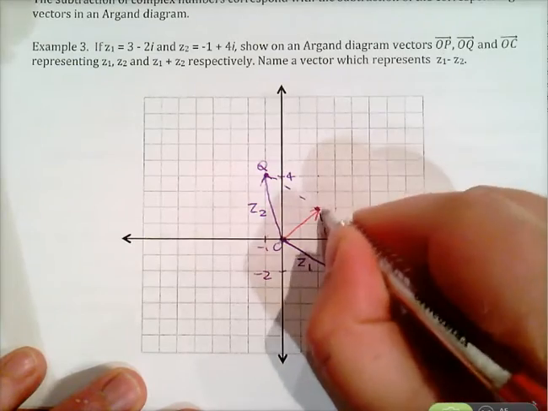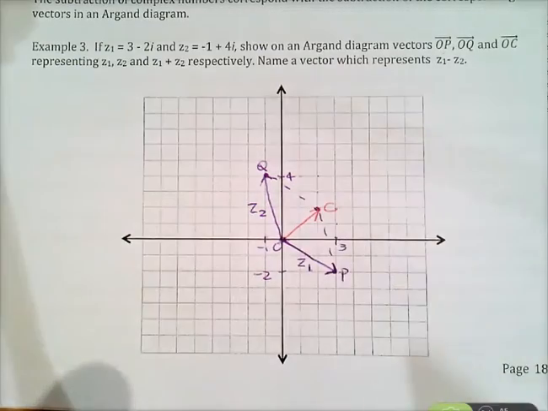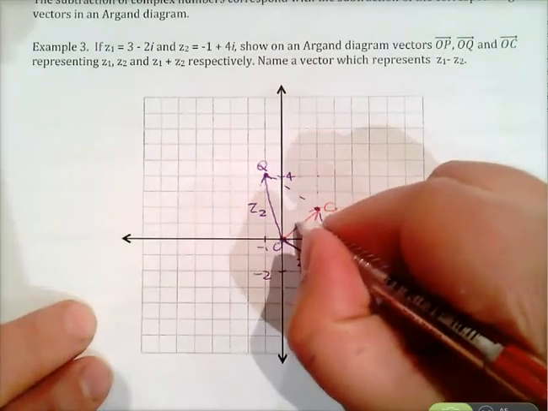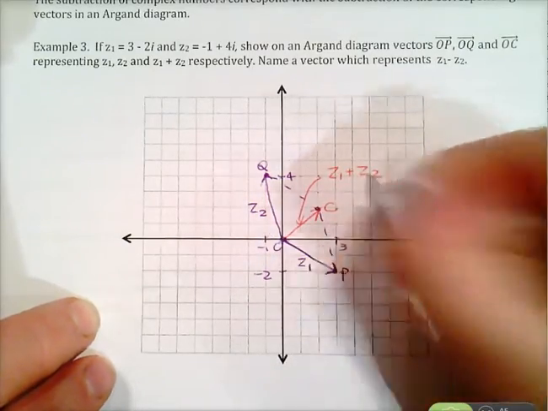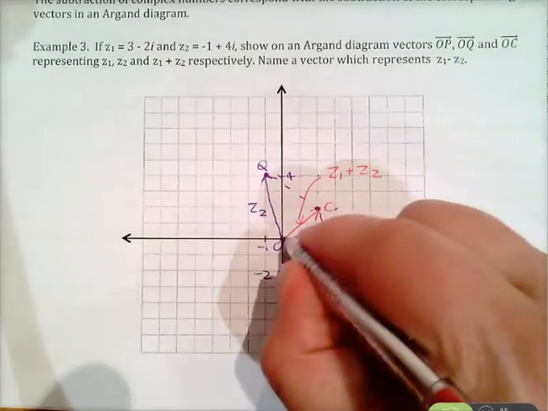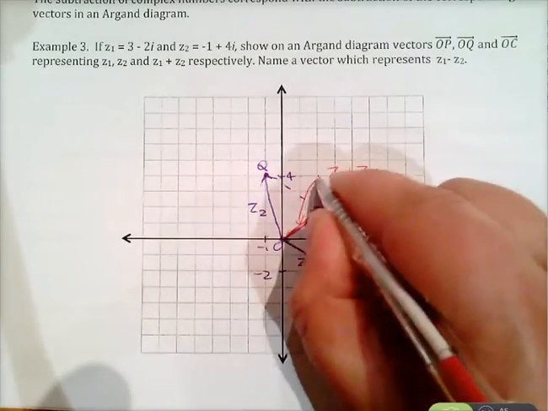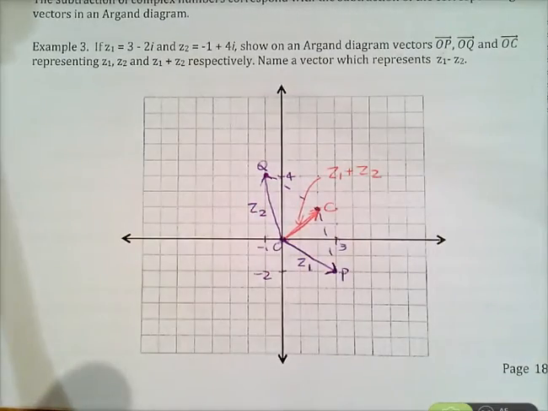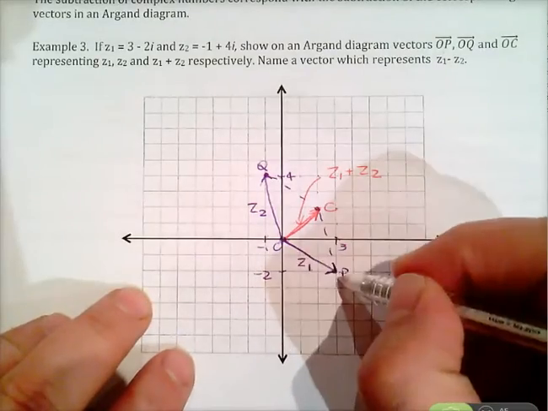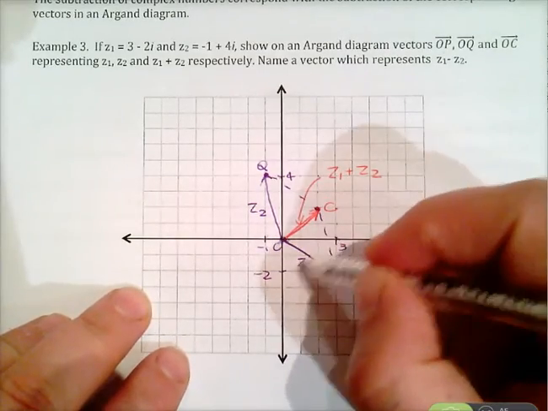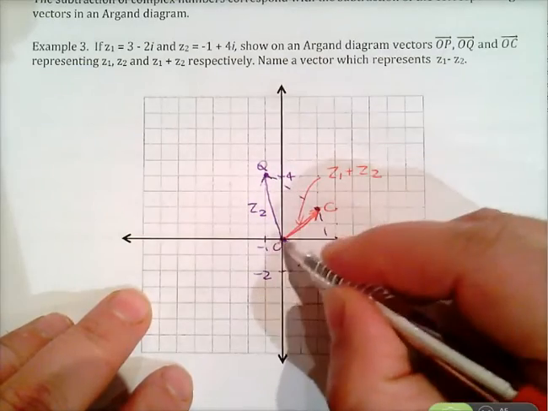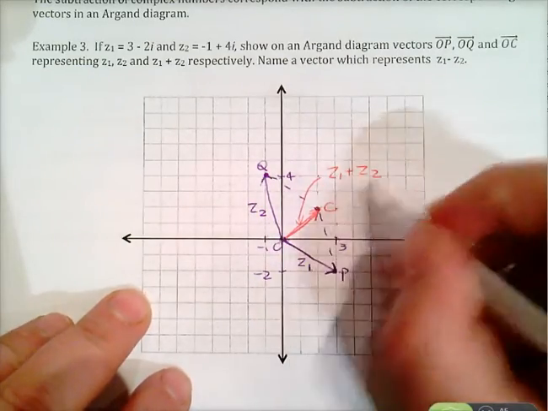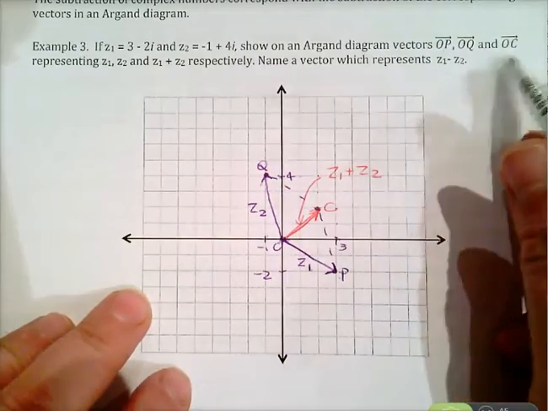And OC, so this is C, represents Z1 plus Z2. So that vector there in red is Z1 plus Z2. This vector OP represents Z1, this vector OQ represents Z2, and Z1 plus Z2 is represented by vector OC.